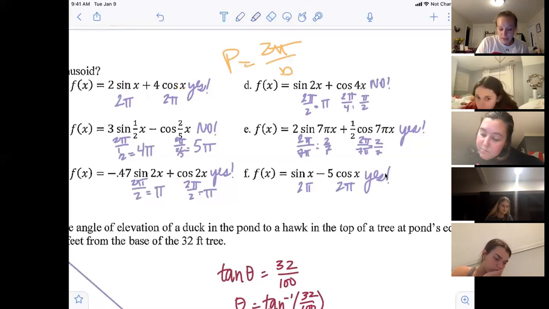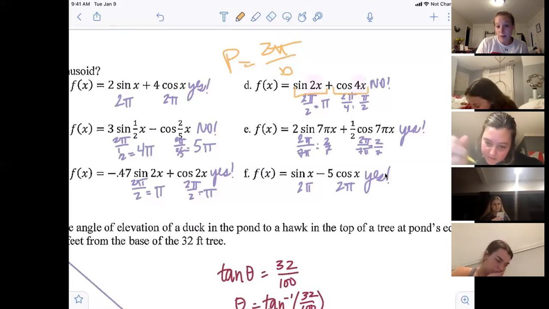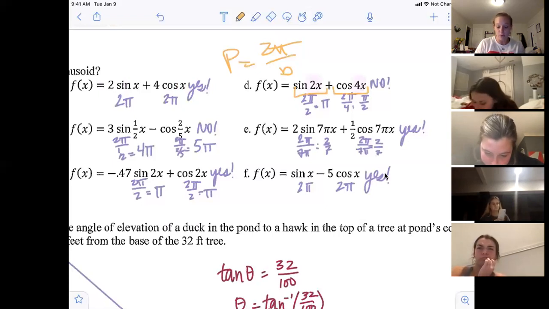If it's not, so like on letter D, I've got 2 and I have 4. So for the first period, I would do 2 pi divided by 2, that's pi. For the second part, I'd do 2 pi divided by 4. Well, that's pi over 2, that's not pi. They're not the same, so that's why that's a no.